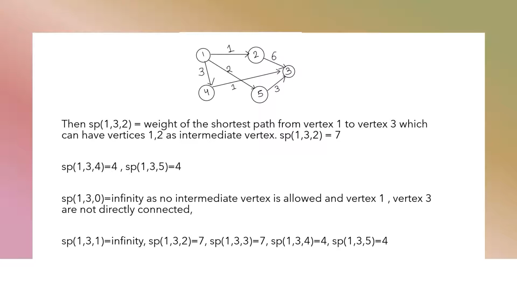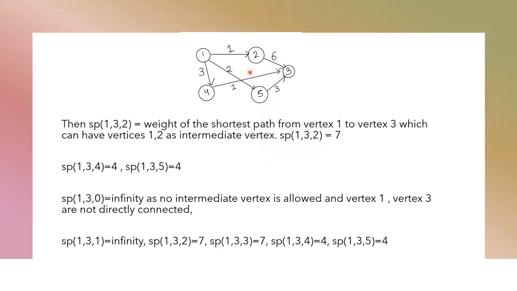In the same way, sp 1, 3, 0 is infinity because no intermediate vertex is allowed and vertices 1 and 3 are not directly connected. Similarly, 1, 3, 1 is also infinity, 1, 3, 2 we have obtained 7, and 1, 3, 3 we have also obtained 7.